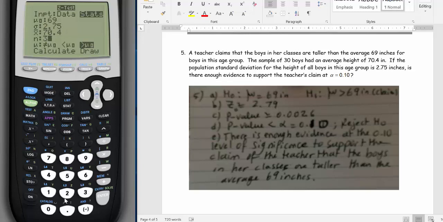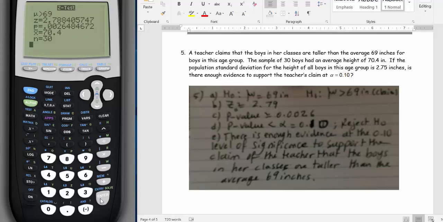Assume it is a random sample. And we're testing that the mean is greater. Remember, the last step before you hit calculate is what's the alternative hypothesis sign. It has nothing to do with the claim. It's what's the sign in the alternative hypothesis. Calculate.